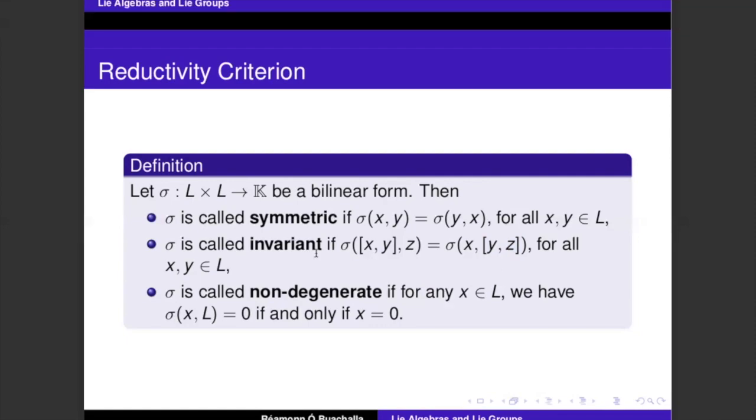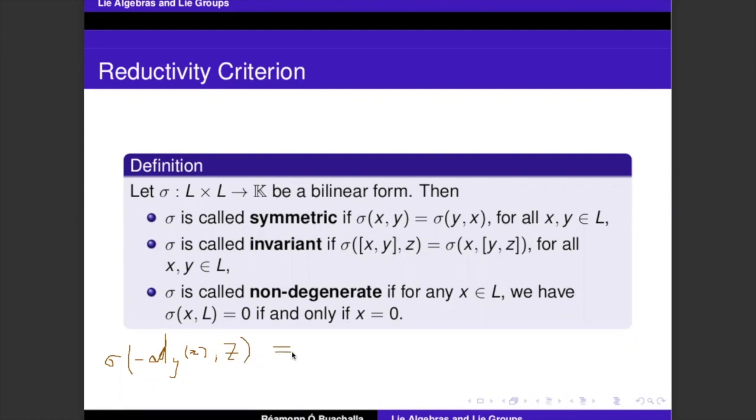Now, another way of looking at it, maybe I can write a little bit here, is sigma of minus the adjoint of X, and Z. That's what's here.